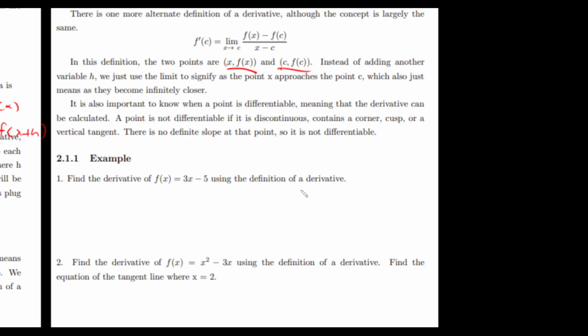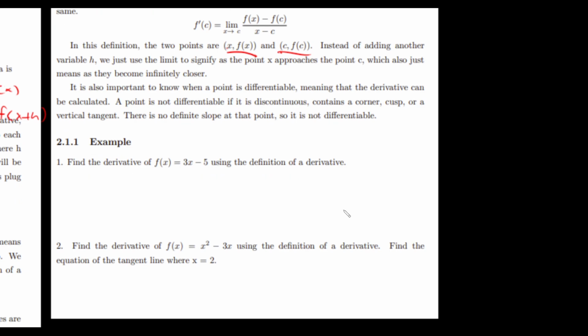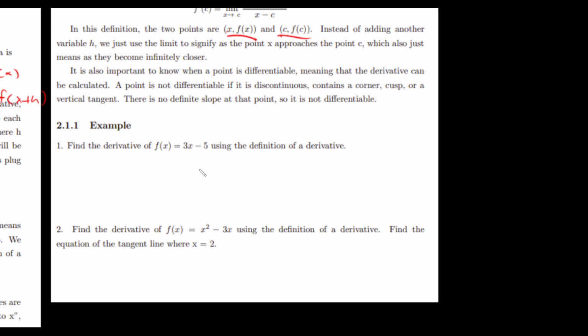Sometimes a point can't be differentiable, and that's if it's discontinuous at that point, contains a corner, a cusp, which are around the same thing, or a vertical tangent line, because your derivative at that point is vertical, which is undefined. So if there's no definite slope at that point, it's not differentiable.